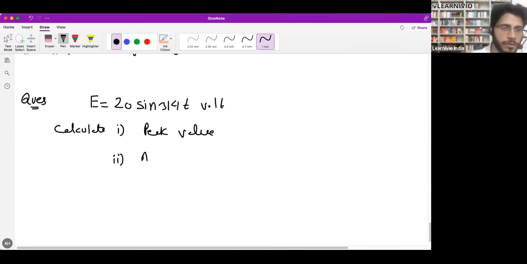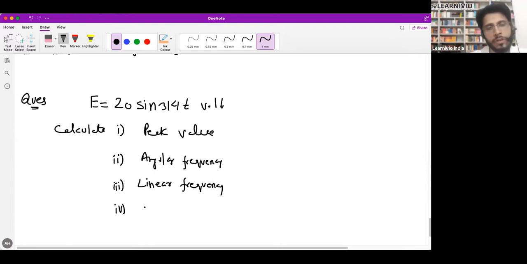Second, calculate angular frequency. Then calculate linear frequency. You have peak value, you have angular frequency, you have linear frequency.